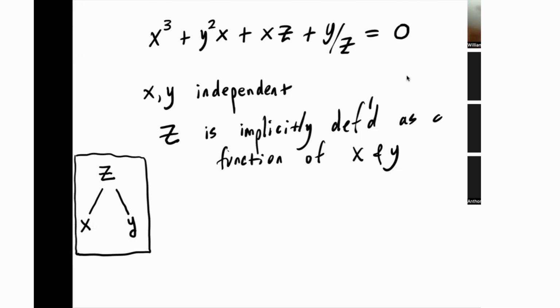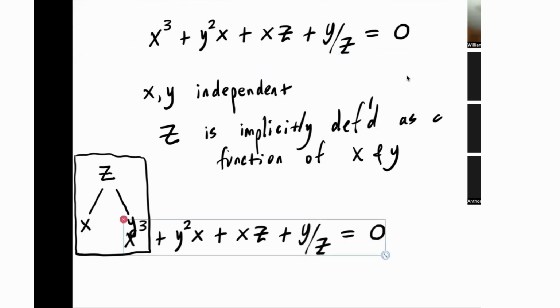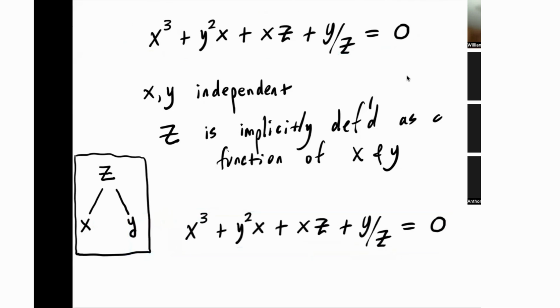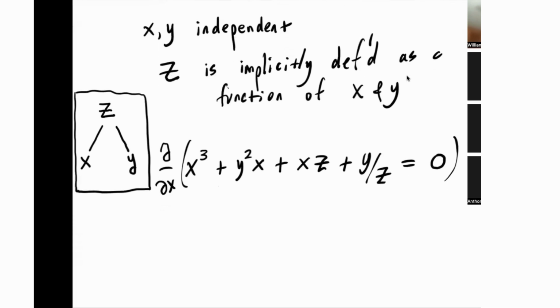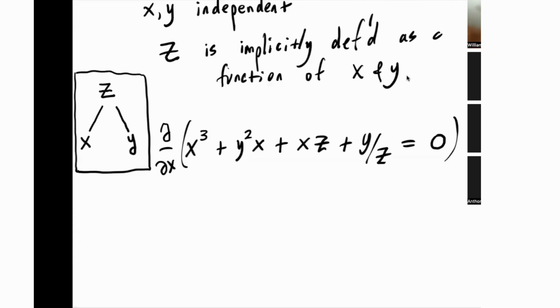And to find the partial derivative with respect to x in this case, what we'll do is we'll take our equation like this and think about now applying the operator d by dx to both sides of this relation. Okay, and we'll just kind of formally compute.